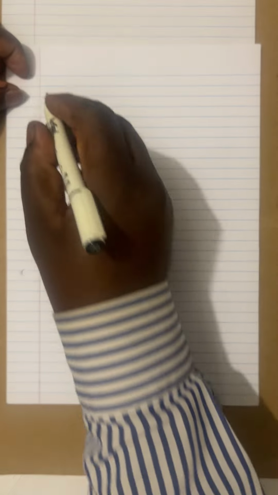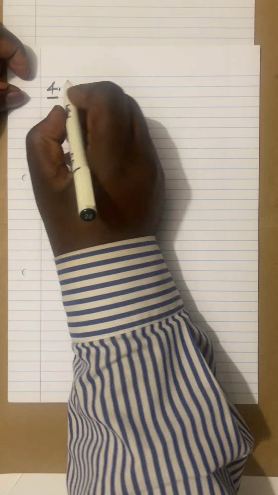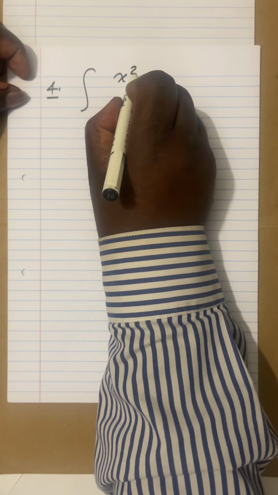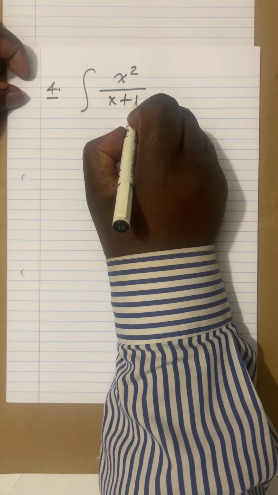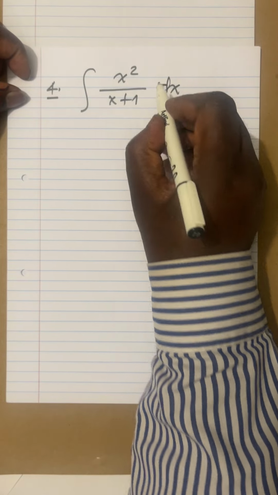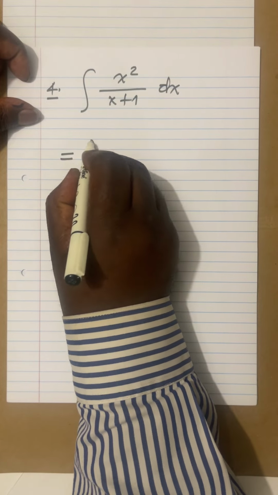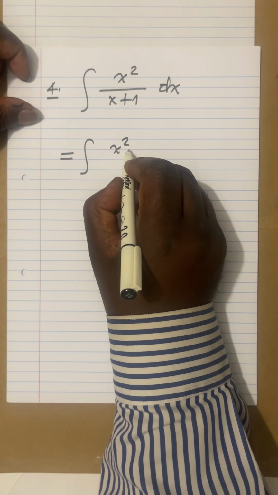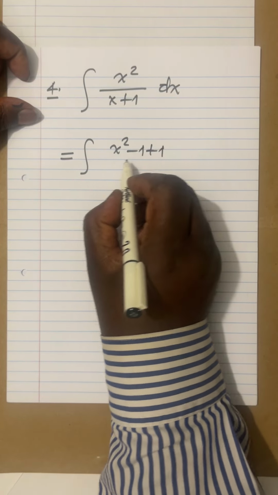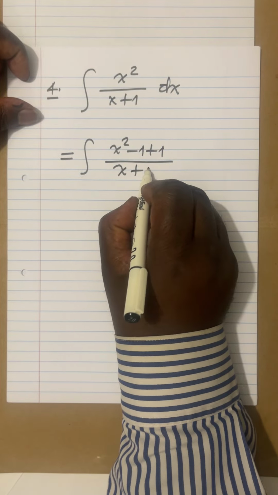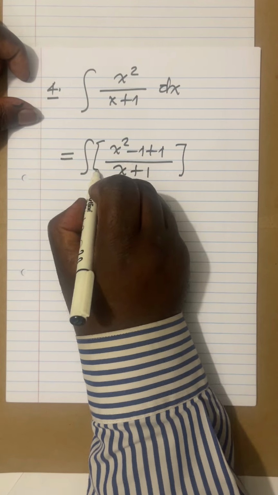So let me capture the integral first. This is number 4, and the integral is x squared all over x plus 1 dx. I'm going to have to perform a trick there. Special 0 coming up again. The integral of x squared minus 1 plus 1 all over x plus 1 dx.